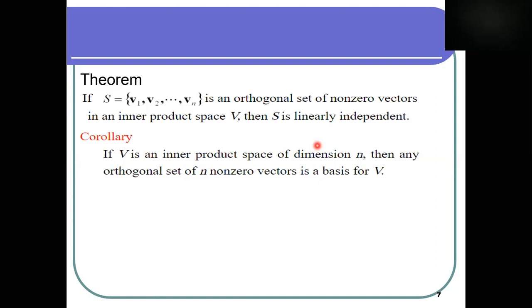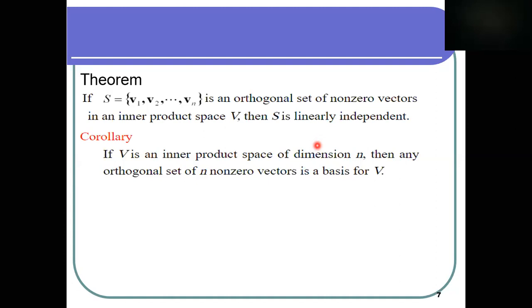We have to check two properties: first, whether the vectors are linearly independent, and second, whether they span the whole vector space.